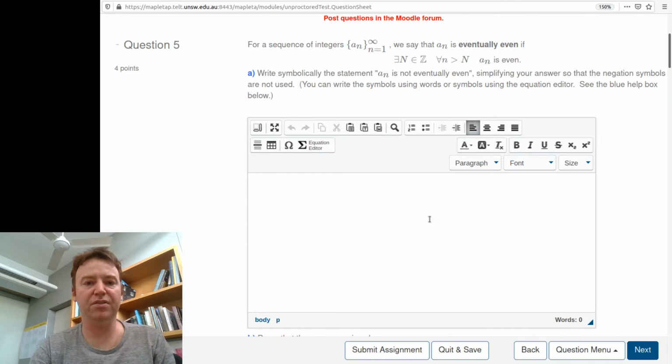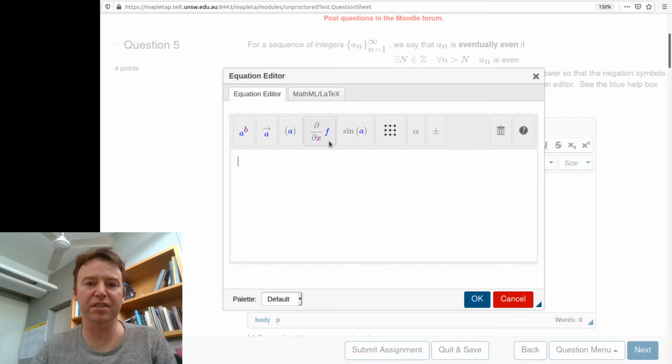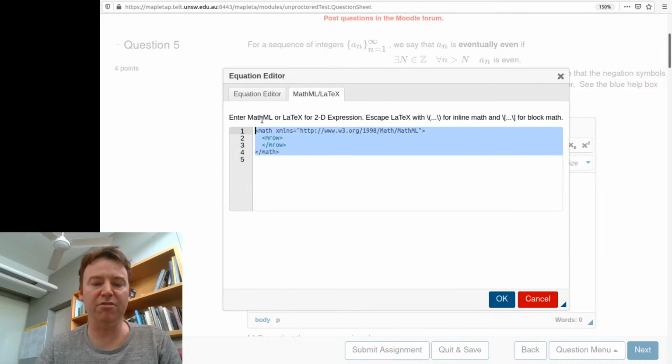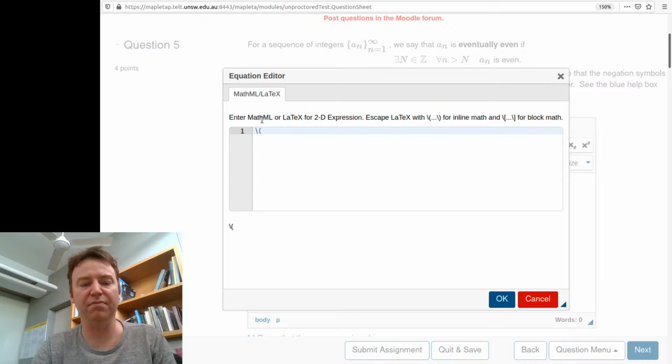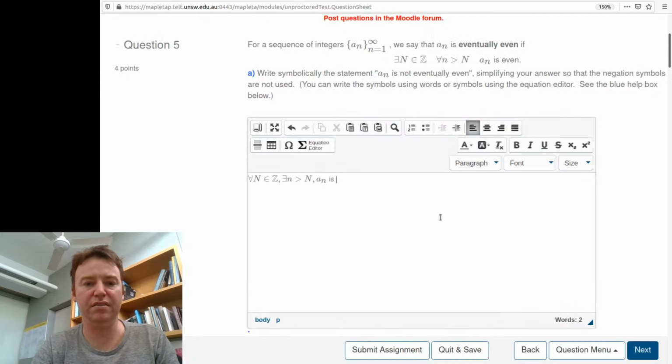Okay, so the negation of this thing is, behold, equation editor. Now remember, when you're negating a statement, the exists become for all, so for all n in the integers, there exists n greater than N such that a_n is odd.